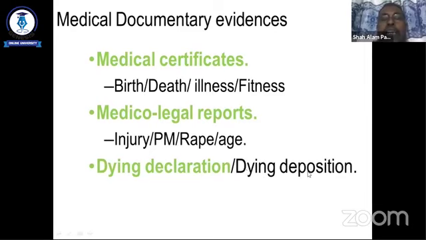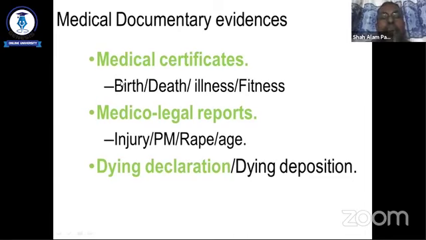Dying deposition is not a medical documentary evidence. In the textbook, dying deposition is written in smaller letters than dying declaration, but it is very important to differentiate dying declaration and dying deposition.